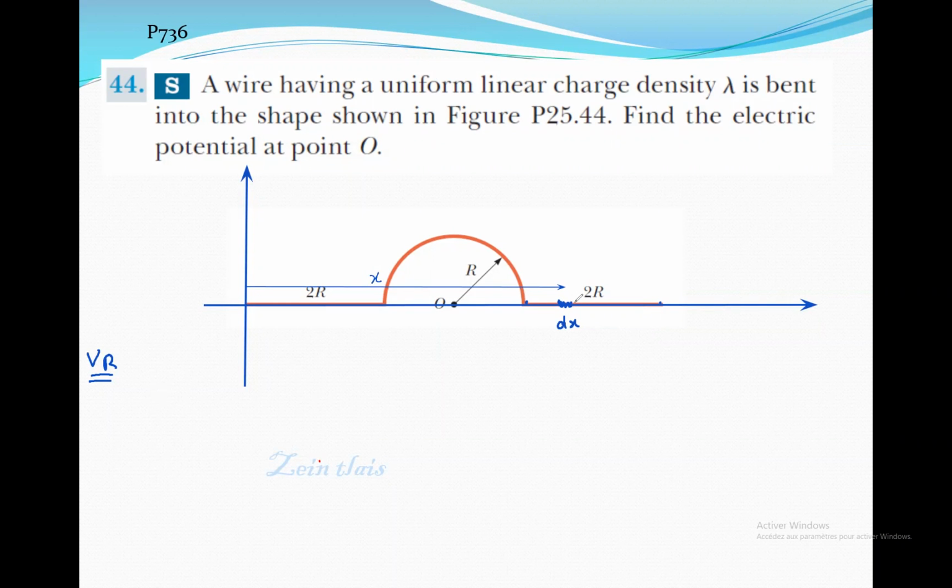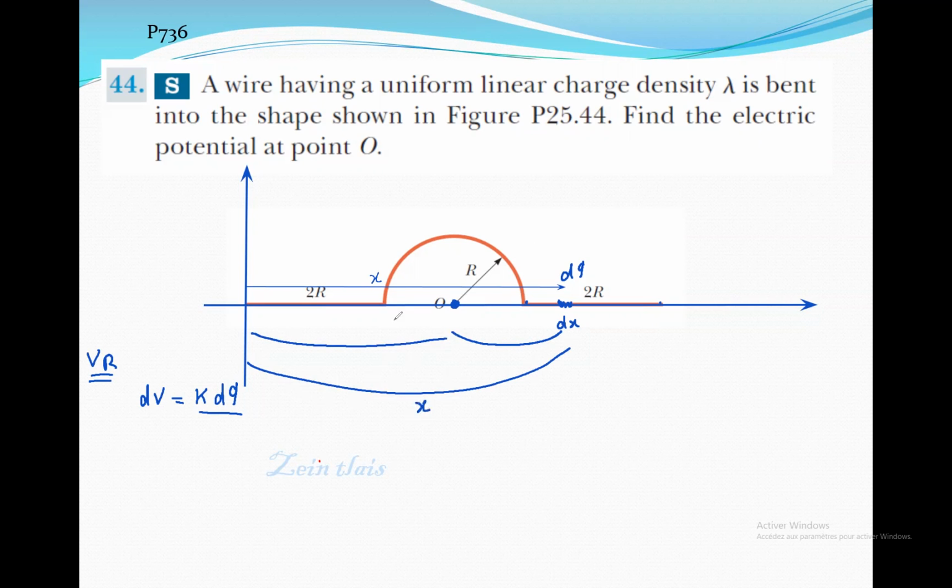And dq, I want to calculate the electric potential at the point O. Here we have dq. dq will create at the point O dV equals k dq divided by the distance between dq and the origin O. This distance equals the total distance, x, minus 3r.